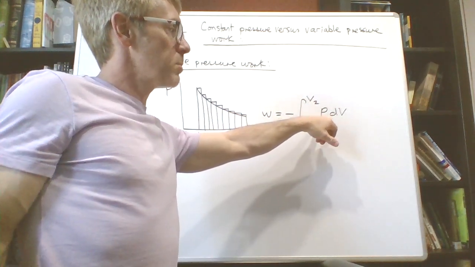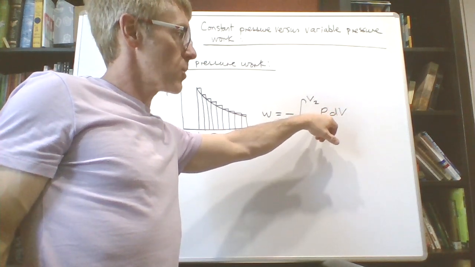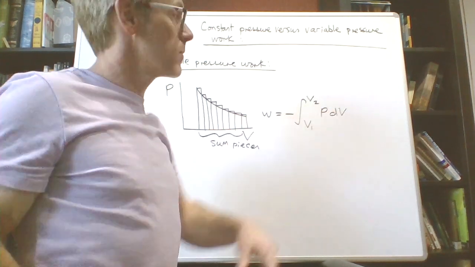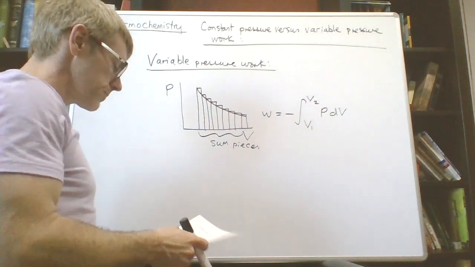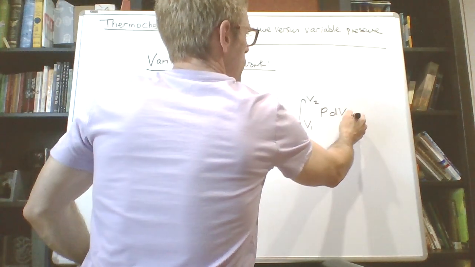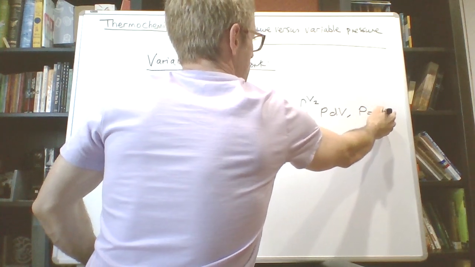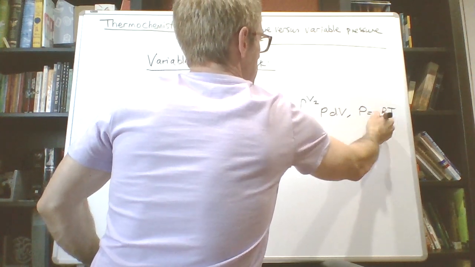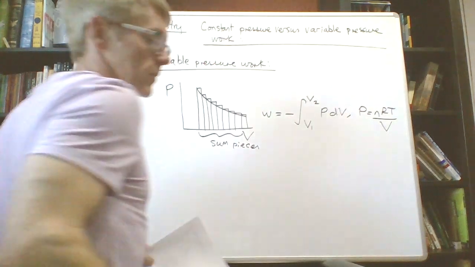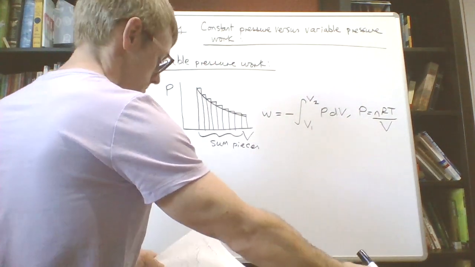When a pressure is applied, the pressure causes a change in volume. We're also going to assume the gas here is an ideal gas, so pressure is equal to nRT over volume. So we're going to use our ideal gas equation.